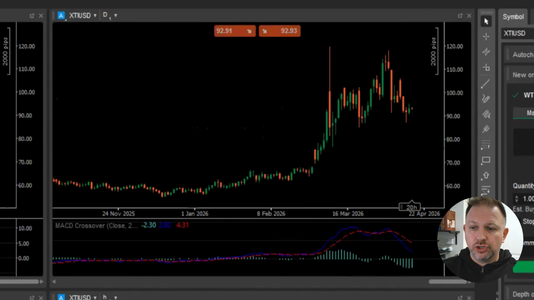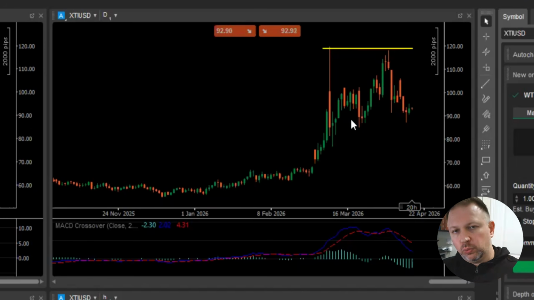On the daily chart, the oil attempted to create some sort of a peak around the same zone. And while it was doing so close to the 120 level, look what happens on the MACD. These MACD peaks are going down. This is a bearish divergence condition.